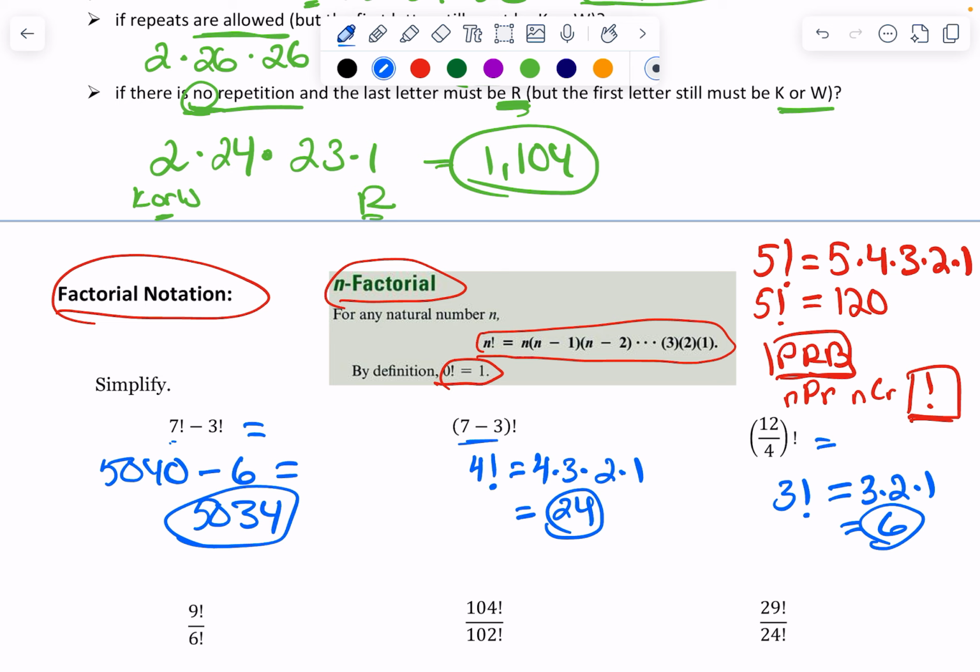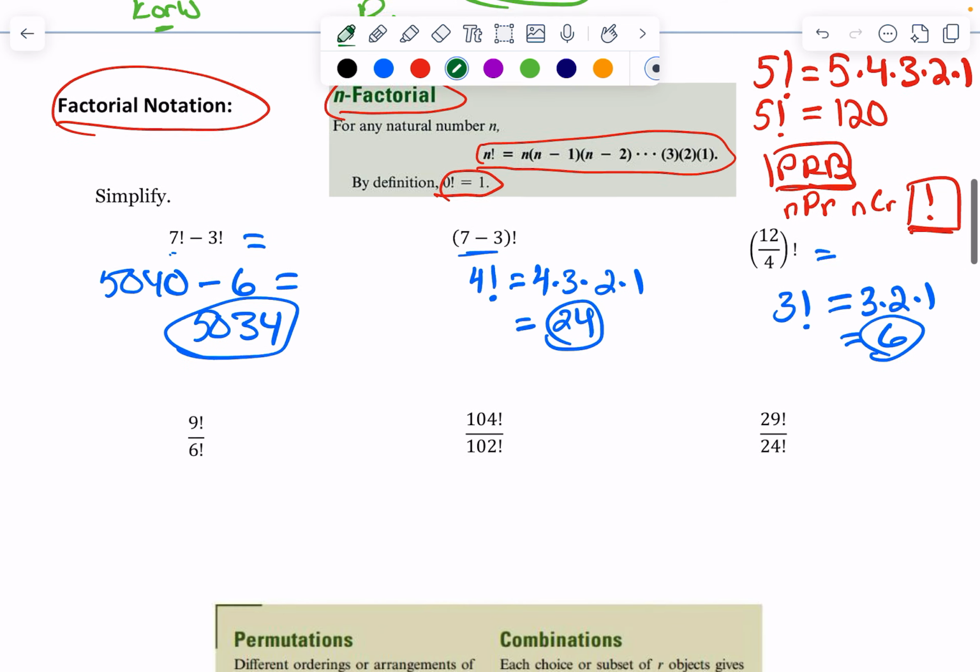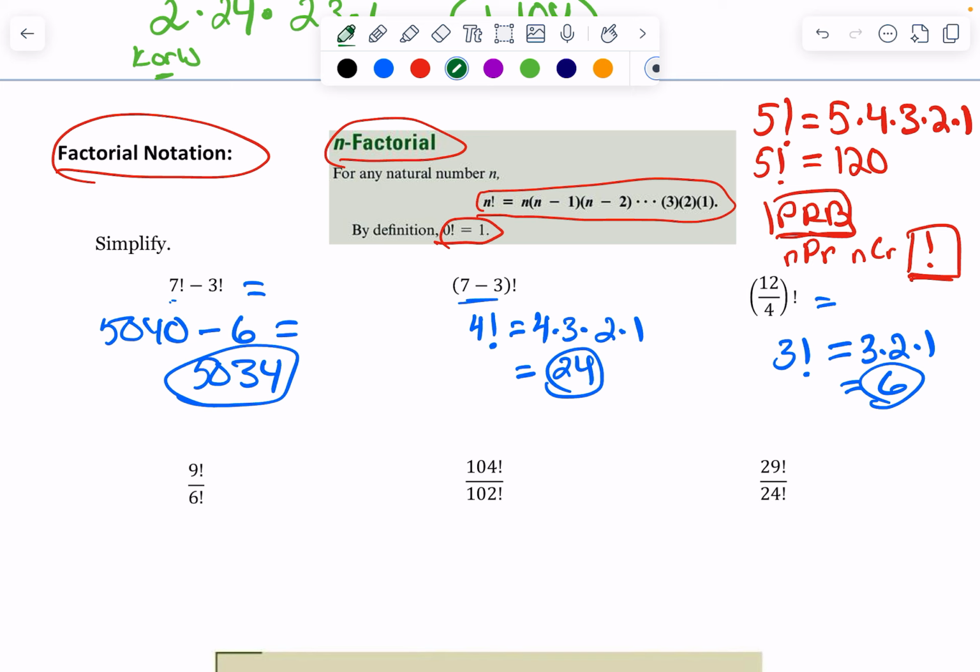There are times when you can plug it in the calculator and get the answer, but there are some problems where it's going to give you an error because there's an overflow, like the numbers are too big. I'm going to do this one first to show how we do it. 9 factorial is 9 times 8 times 7 times 6 times 5 times 4 times 3 times 2 times 1, and we're dividing it by 6 factorial, 6 times 5 times 4 times 3 times 2 times 1.